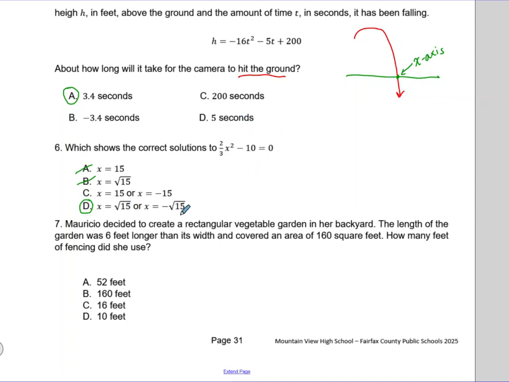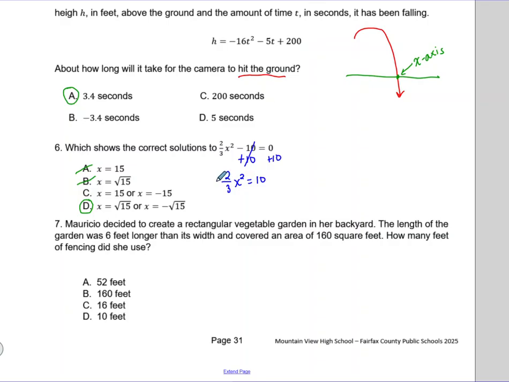Now, I do want to take a second to solve this without using Desmos, because I want you to see where these square roots came from. So what I'm going to do here is go ahead and add 10 on both sides, okay, so 0 plus 10 is 10.